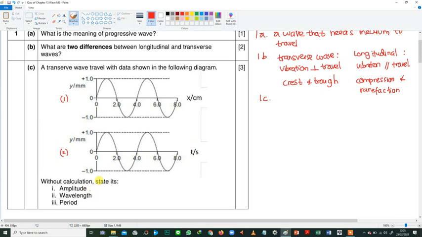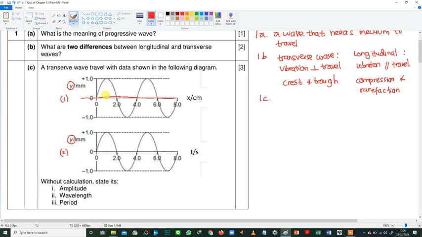Now you have to tell me what's the amplitude. Remember, amplitude is the maximum displacement from the equilibrium. What is equilibrium? It's when the displacement is 0. Whether you take the first diagram or the second one, the y-axis is the same, displacement.